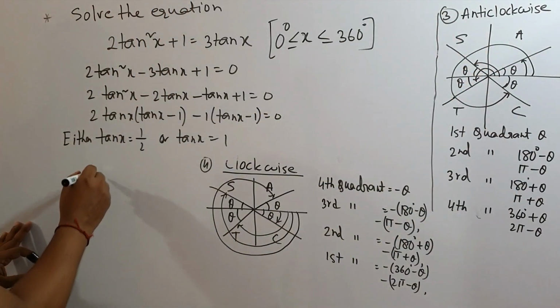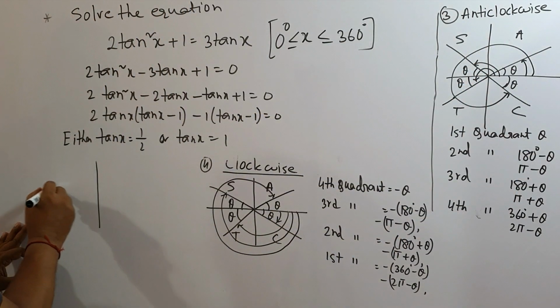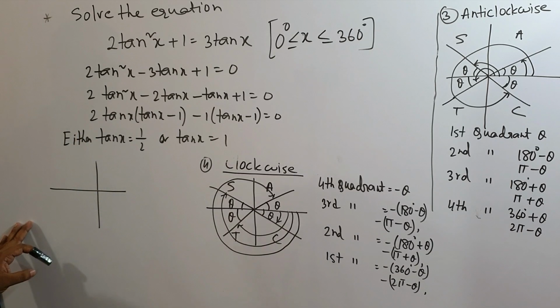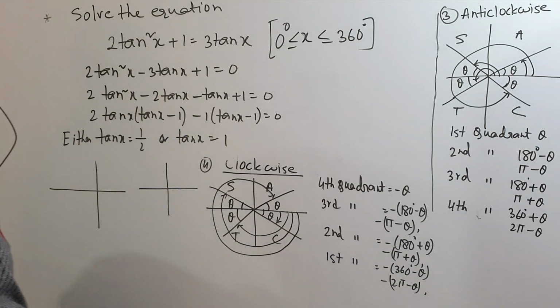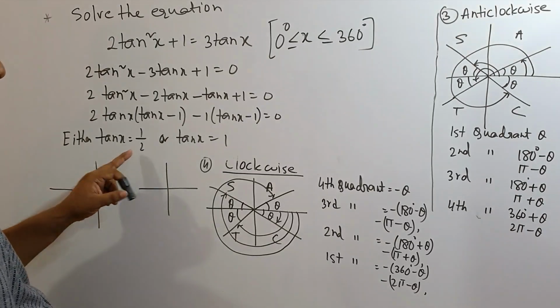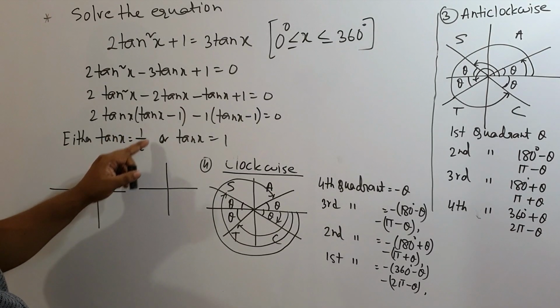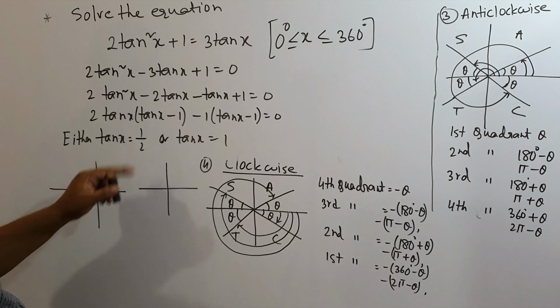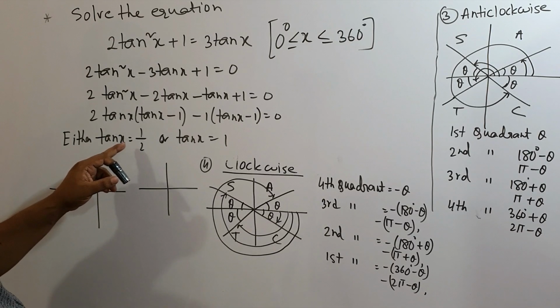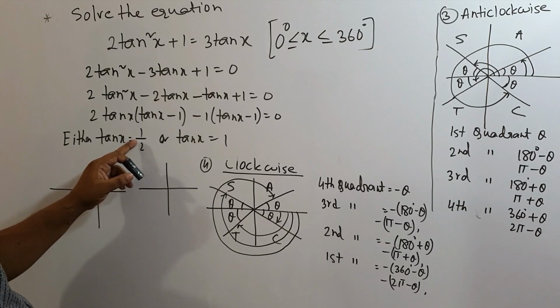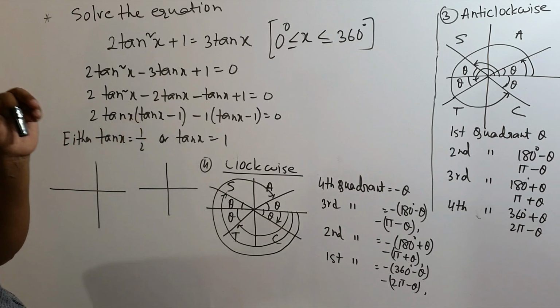To find this, we need to draw two diagrams here, and we will find the acute angle by taking the inverse. If you take the inverse ignoring the sign, you will find the acute angle.